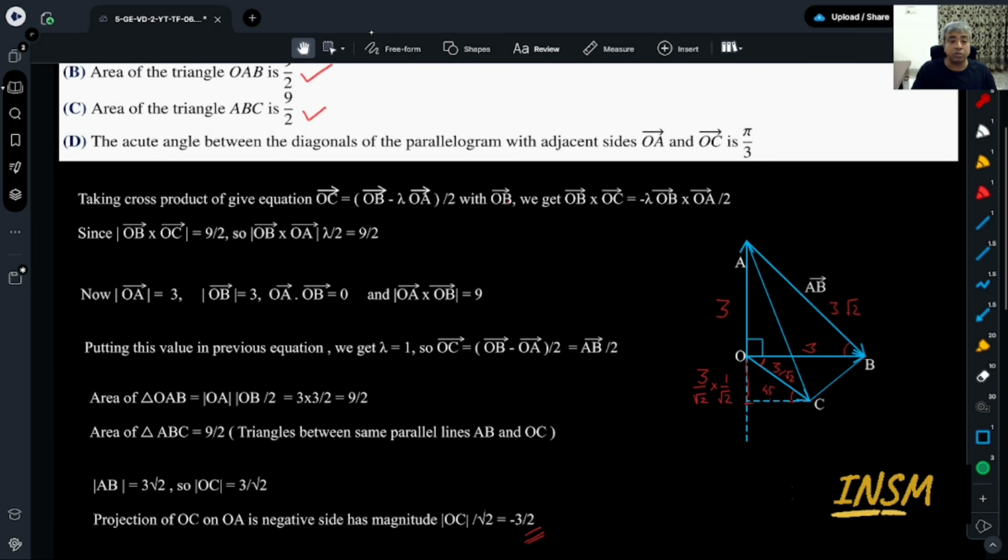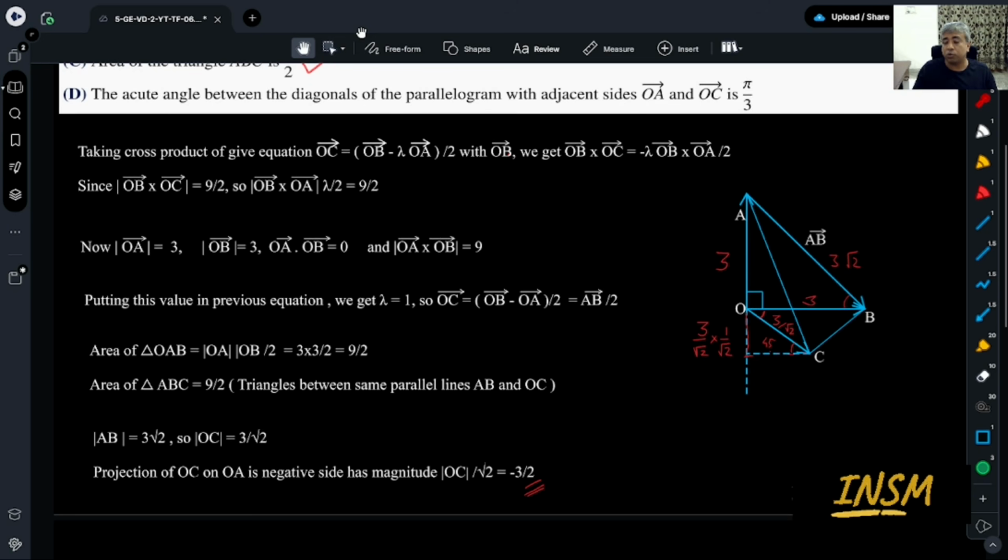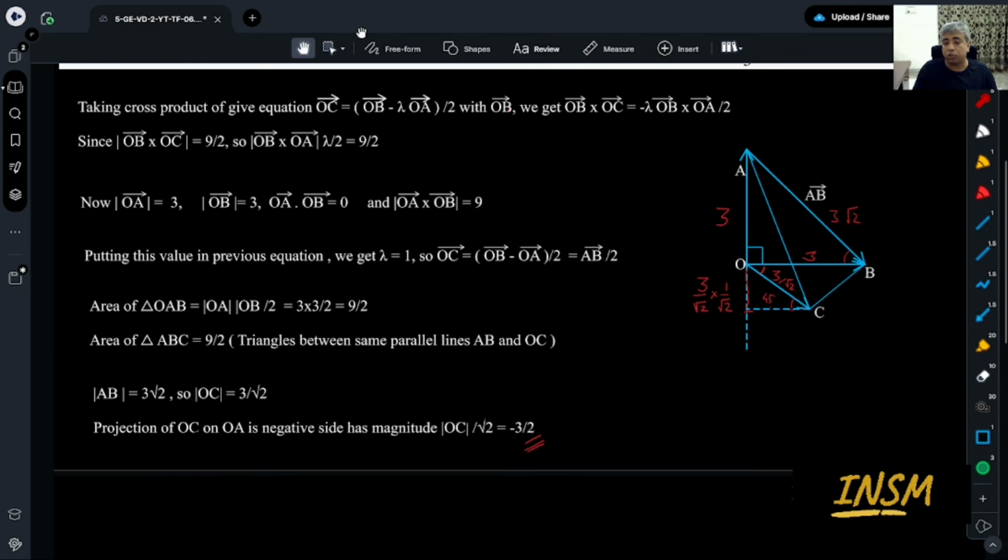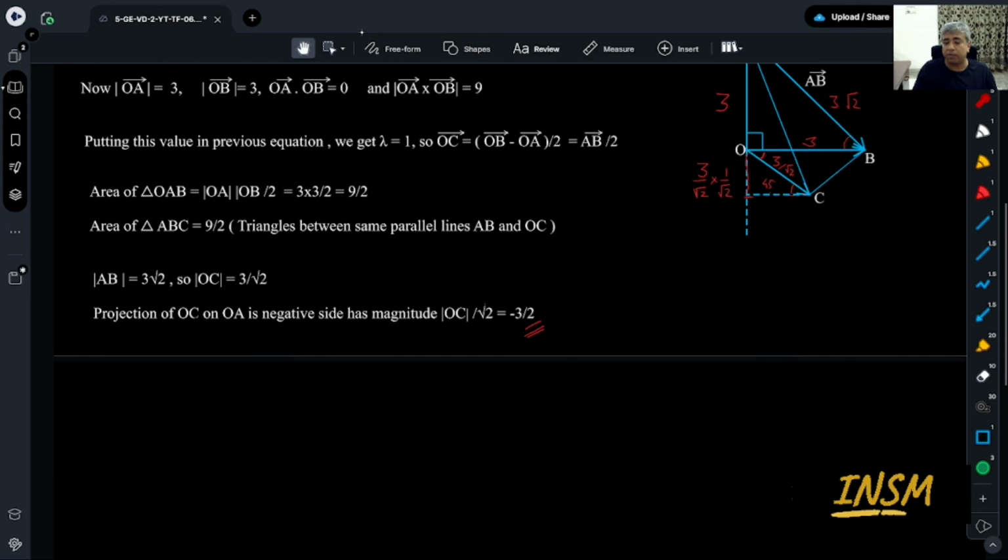Now the last part is asking for the acute angle between the diagonals of the parallelogram with adjacent sides OA and OC. The direct method would be: vector OA is already given, you can write vector OC, and then write the diagonals as OC plus OA and OC minus OA and find the angle between them.